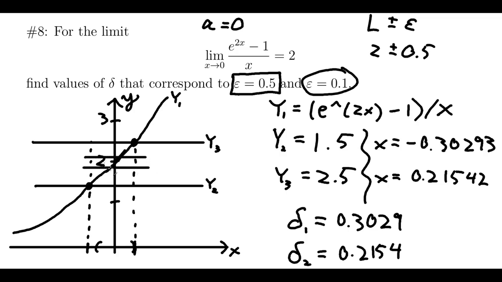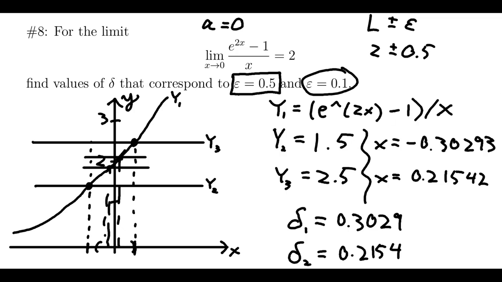We would get a much narrower band here, and we would expect, when we find those intersections, we would expect to find something that is much smaller. We would expect to need a smaller value of delta, a much smaller amount of variation in x values, differences or distances or deviations, whatever you want to call it, in order to fit within that error bound of 0.1.